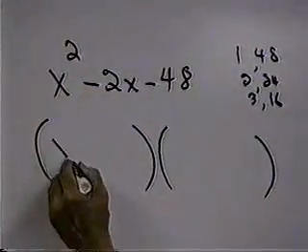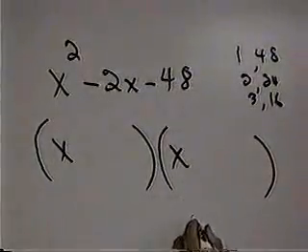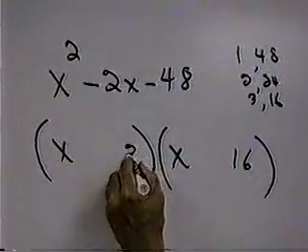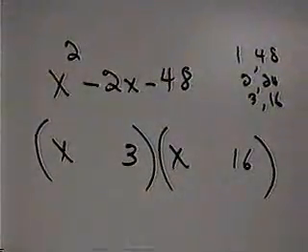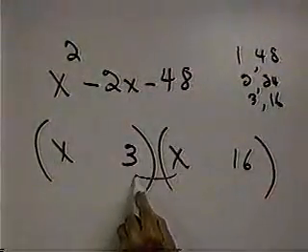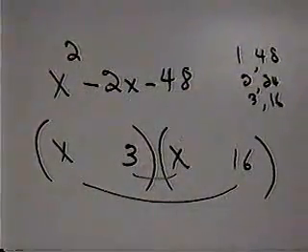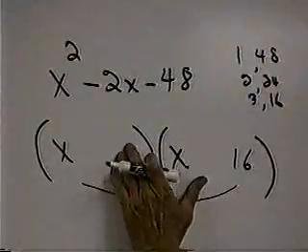So let's just put some of those down and see what happens, all right? So if I put 16 and 3. Well, that is 3 and 16, and that's not going to give us 2. So therefore we know that shouldn't be the answer.